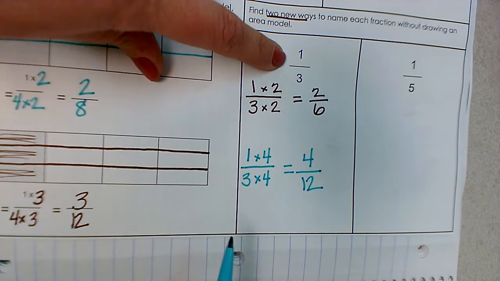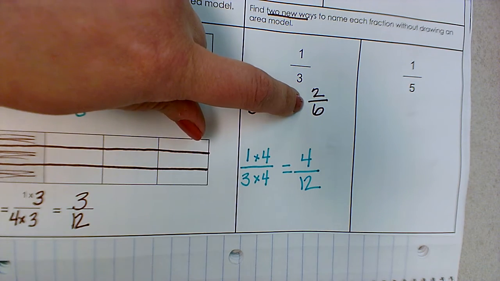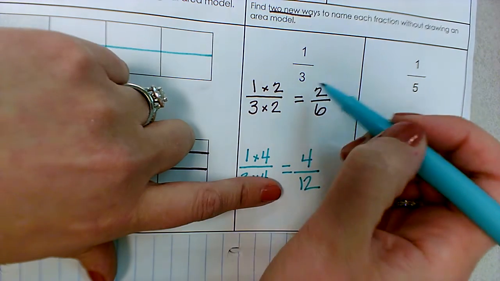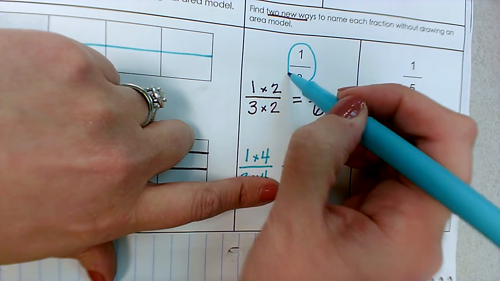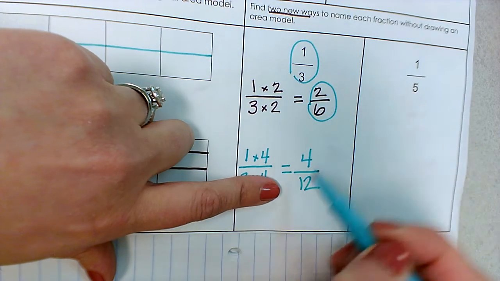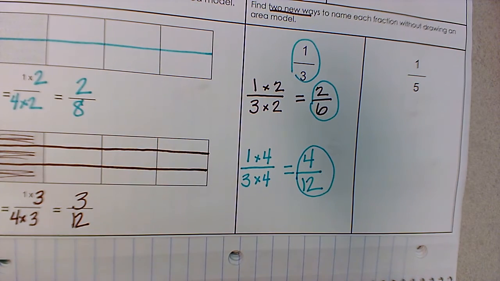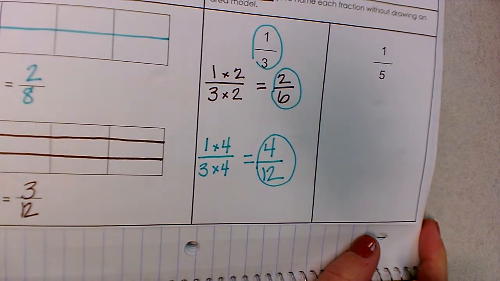So now I know that 1/3 is equal to 2/6, which is also equal to 4/12. All 3 of these fractions are equivalent. That means they take up the same amount of space on an area model. Excellent job.